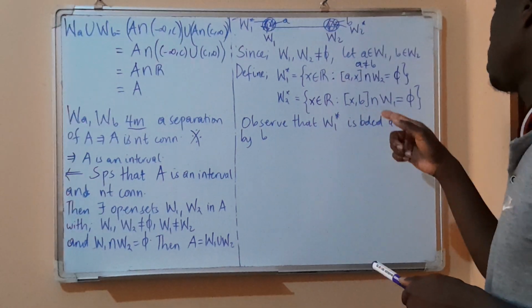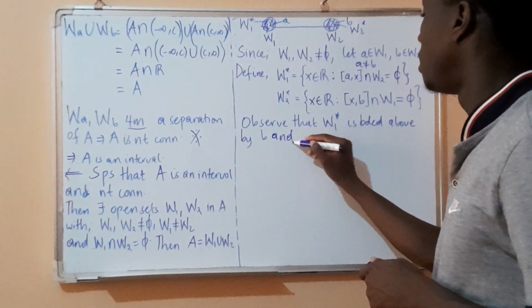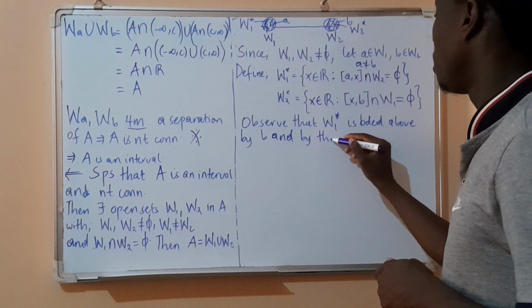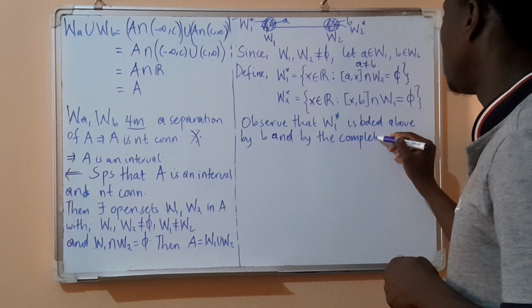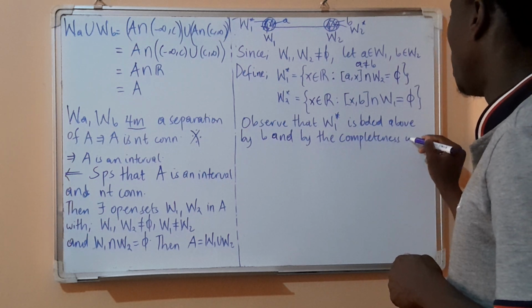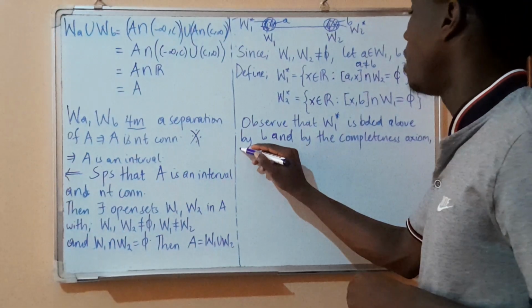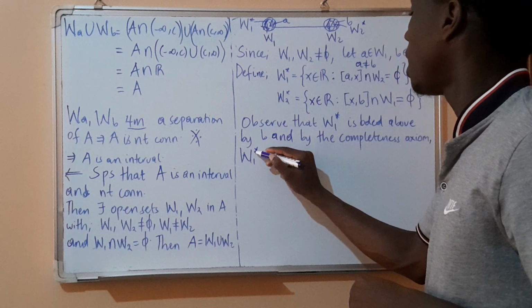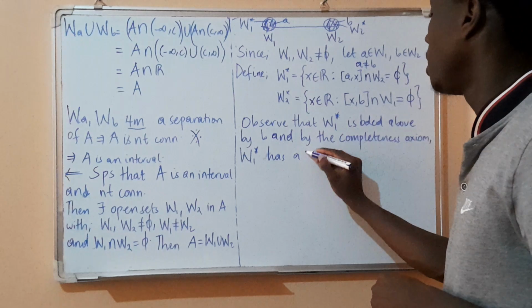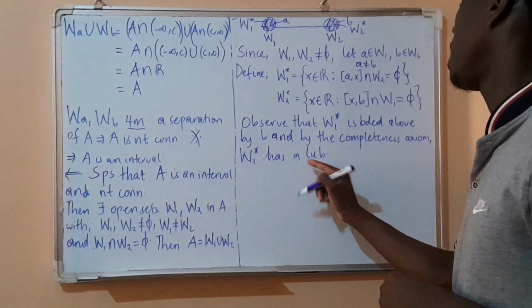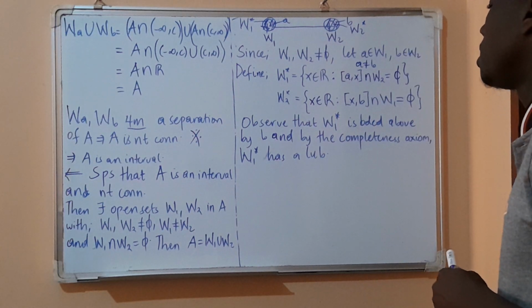And by the completeness axiom, W1 star has a least upper bound.